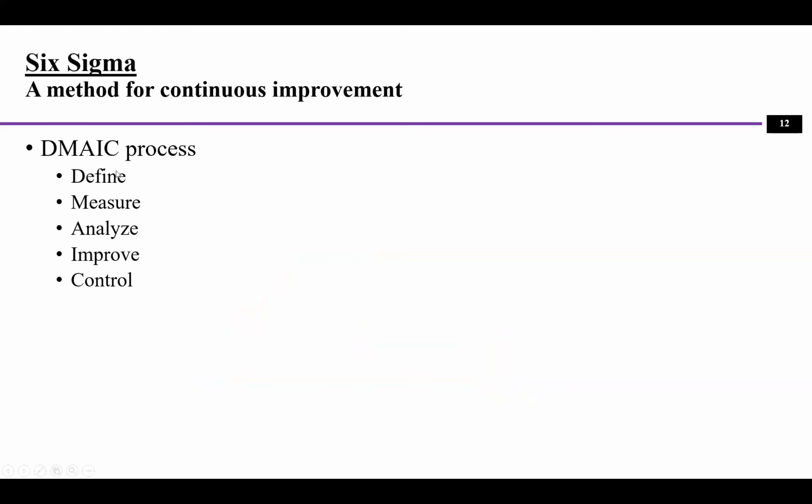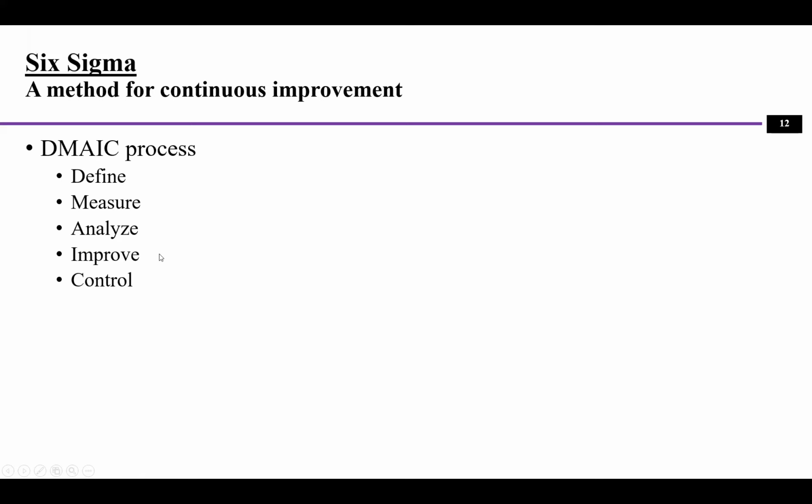Define means define the problem, see what is happening, what is the symptom, and what is the problem statement. Measure means how you measure the quality of the process. You can develop certain metrics to measure it, and also set certain standards for what is good, what is bad, and what is a normal state. Then analyze the data based on the current situation of the process, and come up with a solution to improve it.